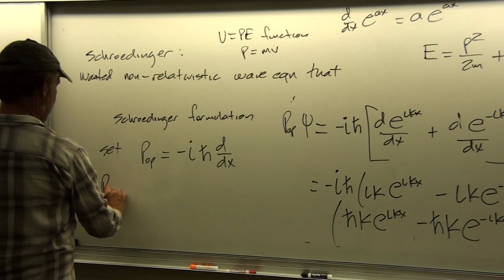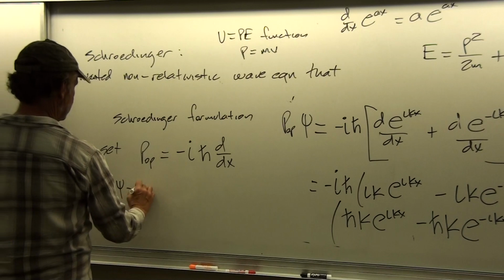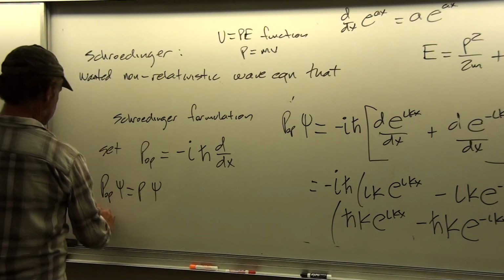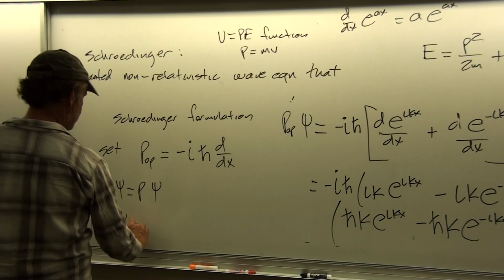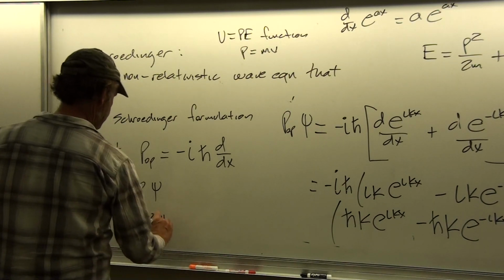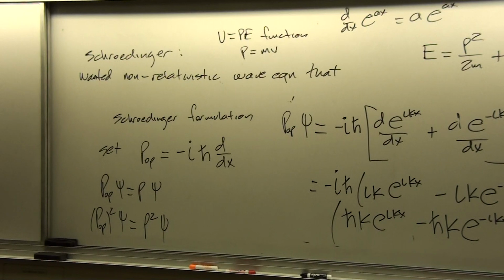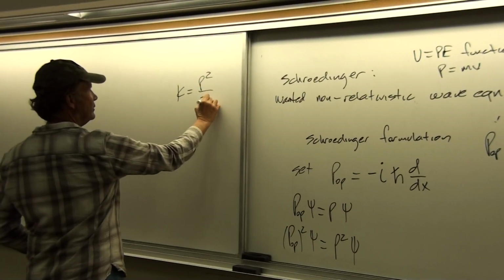So p op psi equals p psi. P op squared psi would be p squared psi. Now p squared is getting closer to the kinetic energy, because the kinetic energy is p squared over 2m.